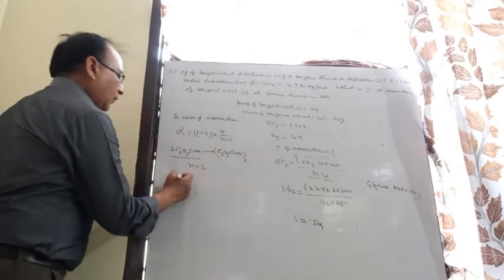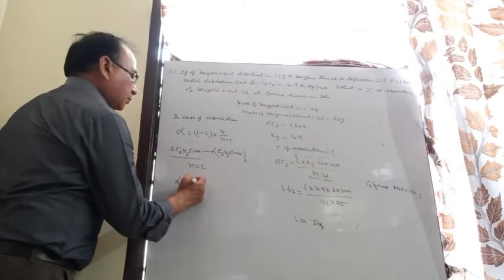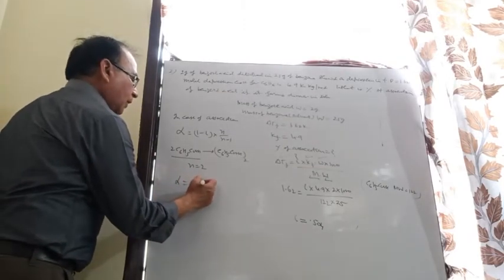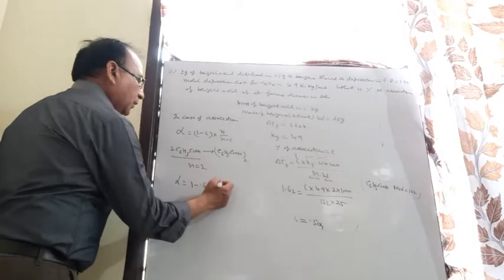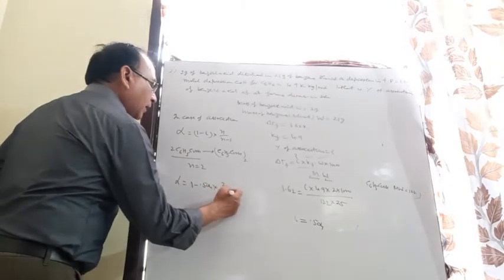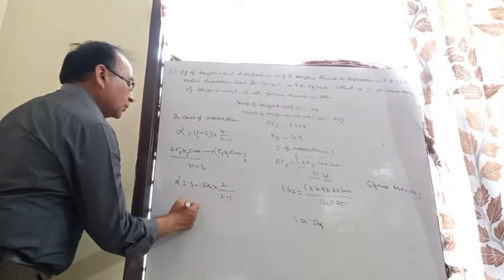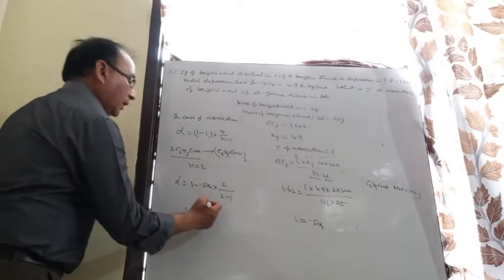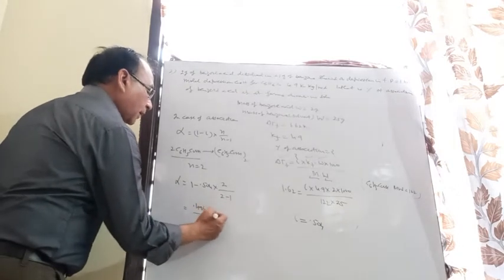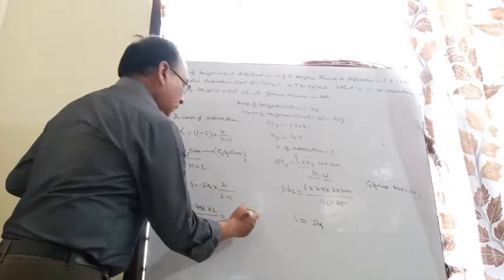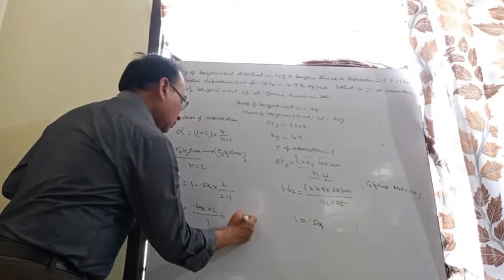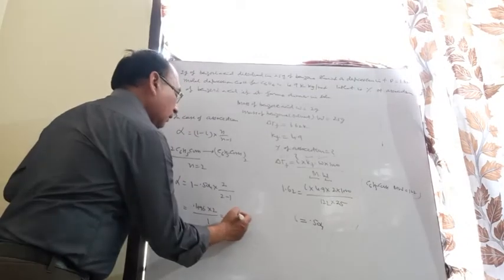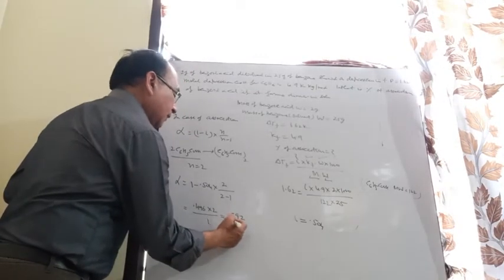So here alpha will be equal to (1 minus 0.504) into 2 divided by (2 minus 1). So it comes out to be 0.496 into 2 divided by 1, that is 0.992.